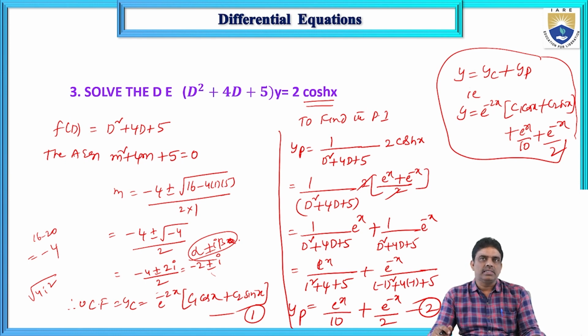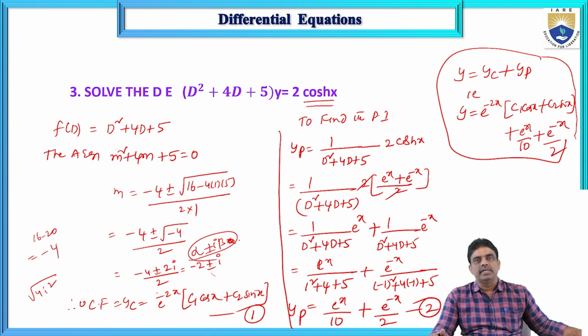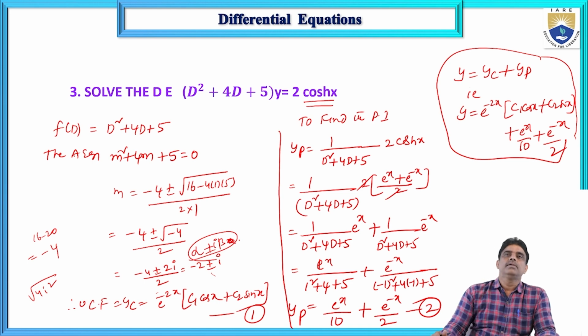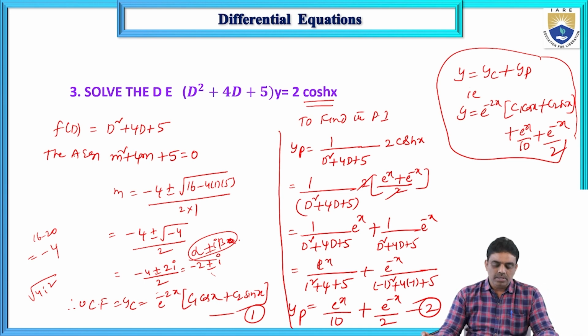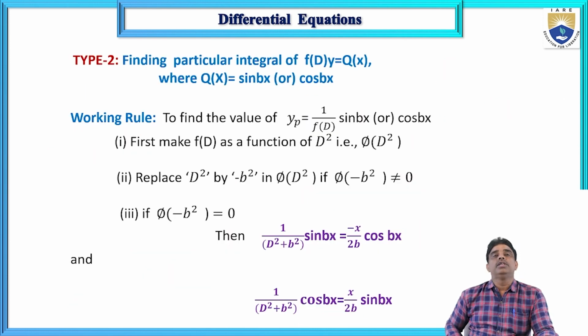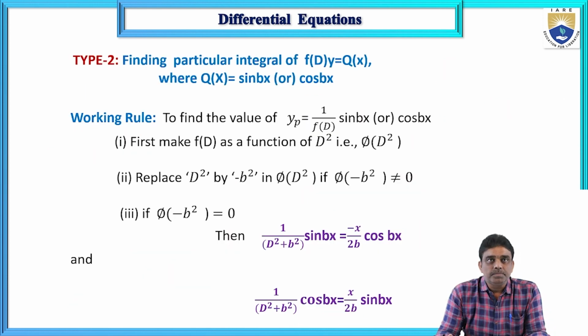If it is cosh x, e power x plus e power minus x by 2. So for functions like e power ax, cosh x, sinh x, and constants, we can approach this method to find the particular integrals. Instead of using the conventional method, we go for the shorter method.